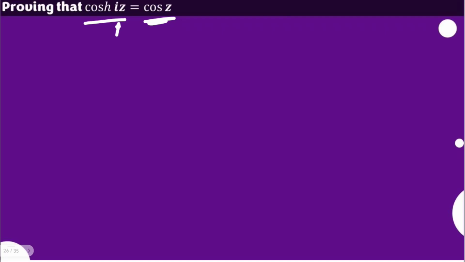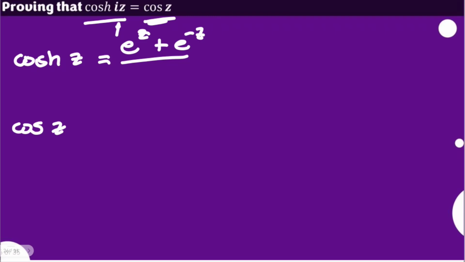To start with, let's not forget the equivalent forms for the hyperbolic function of cosine z and for the cosine z itself as the trigonometric function. That's because we will be using these two in our proof. Take note that the hyperbolic function of cosine z is actually just e to the power of z plus e to the power of negative z all over 2.